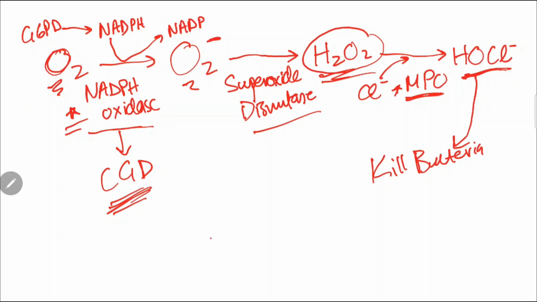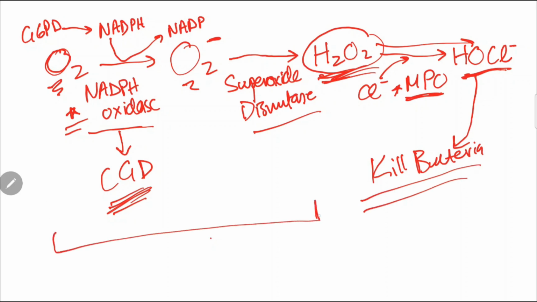So what your neutrophils or macrophages do is use the pathogen's hydrogen peroxide to form hypochlorous acid, and then use it to kill the bacteria itself. Basically, they bypass the first two steps. They jump directly onto the second last step.